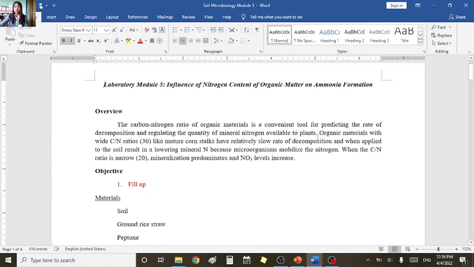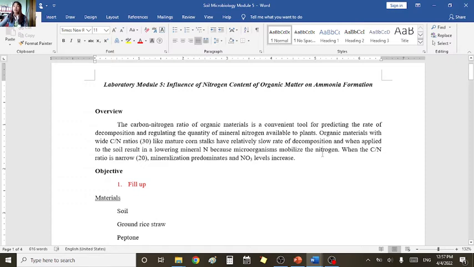Organic materials with wide CN ratios of 30 to 1, like mature corn stalks, have a relatively slow rate of decomposition, because it has exceeded the 25 to 1, which is the ideal CN ratio. When applied to the soil, they result in lowering of mineral nitrogen because microorganisms immobilize the nitrogen.